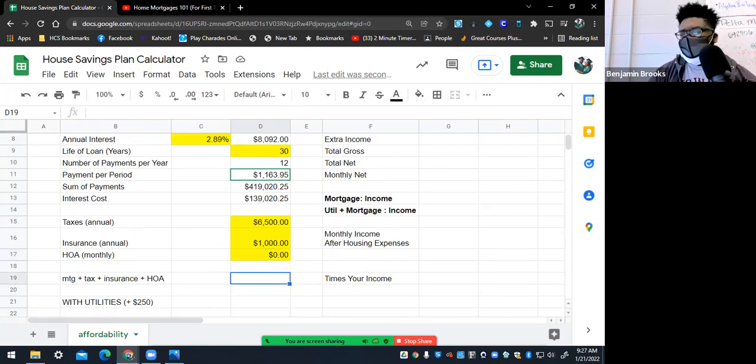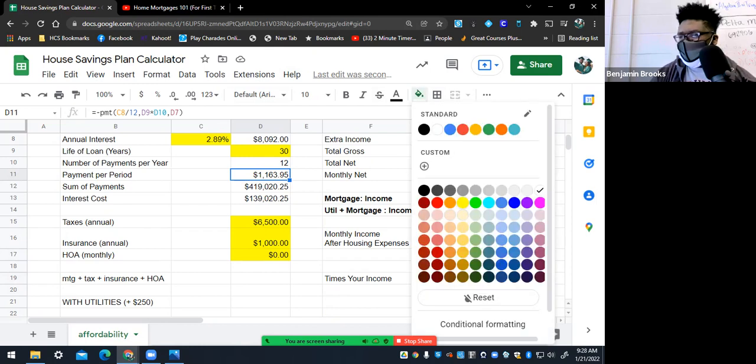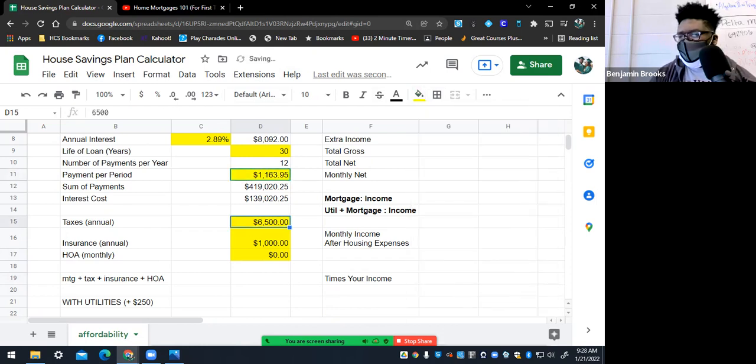All right, so the full housing cost. Let's suppose there's no HOA fee, monthly fee. The full housing cost is going to be how much you're paying per period on the actual mortgage itself, and then we take your annual taxes divided by 12, your insurance divided by 12, plus your HOA.